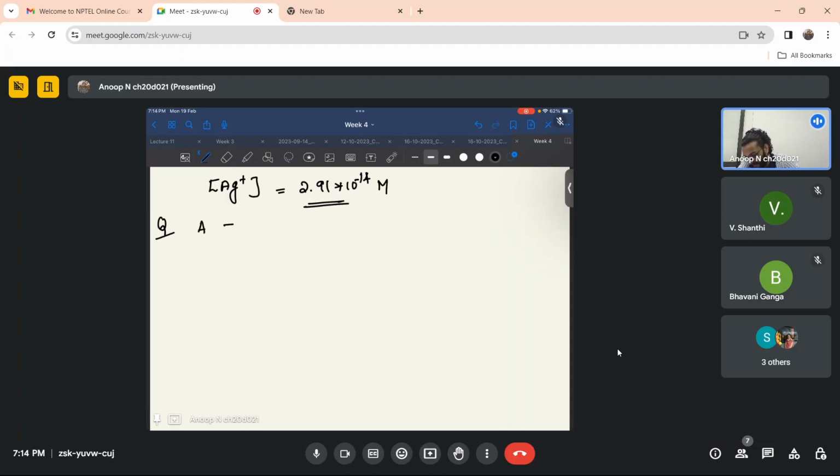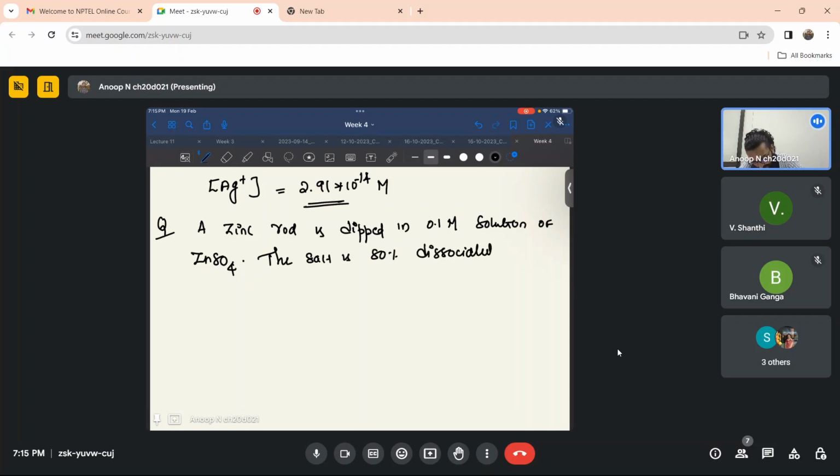So next question is a zinc rod is dipped in 0.1 molar solution of zinc sulfate. The salt is 80% dissociated at this dilution at 298 Kelvin.